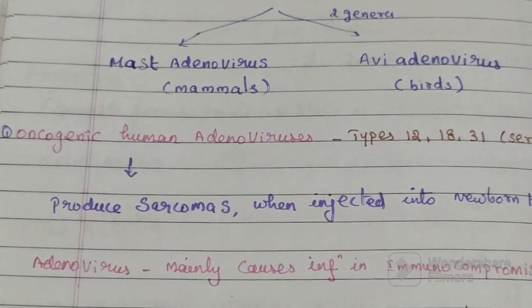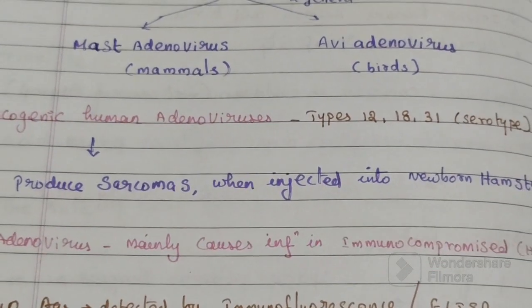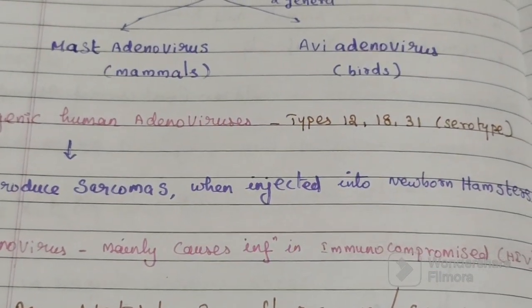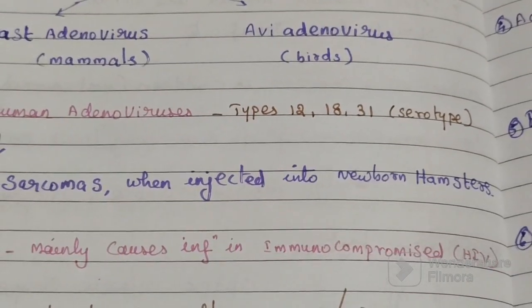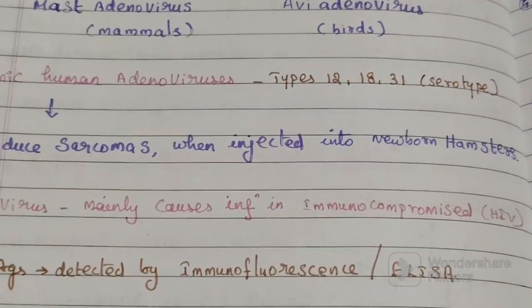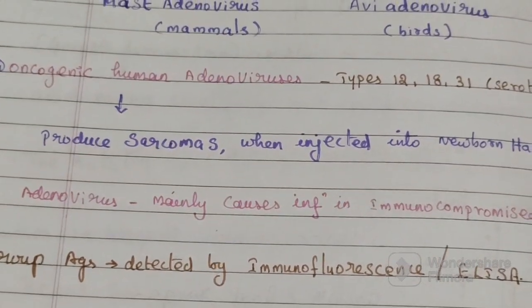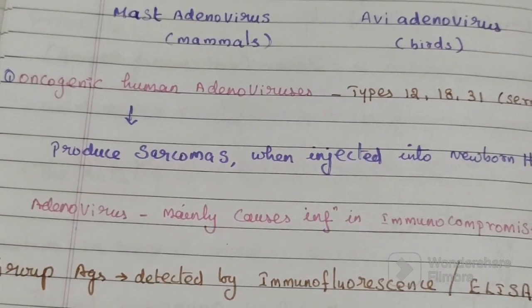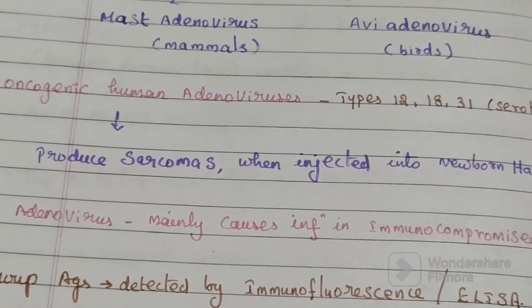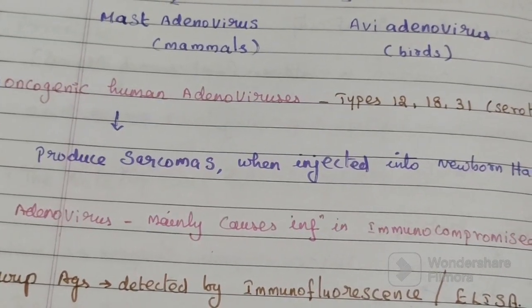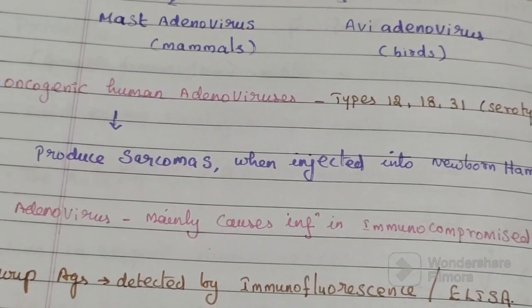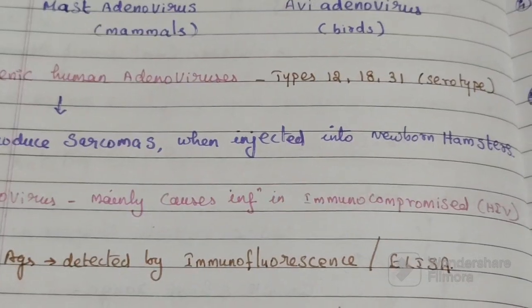Next, oncogenic human adenovirus: serotypes 12, 18 and 31 produce sarcomas when injected into newborn hamsters.